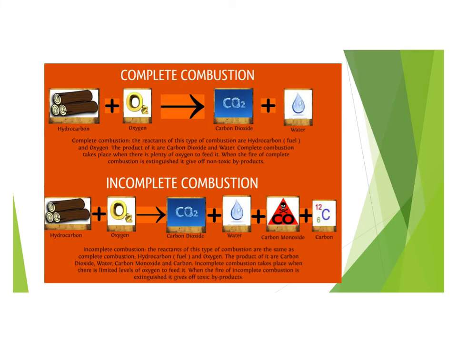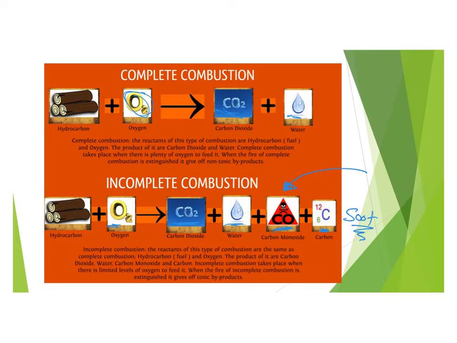So if you have complete combustion, if you have enough oxygen, you get carbon dioxide and water only as a product. But if you don't have enough oxygen, you get a mix. You get carbon dioxide plus water, but you also get a poisonous gas called carbon monoxide. And you also get a little bit of carbon, which is like soot that comes along on this side. And so that happens sometimes.